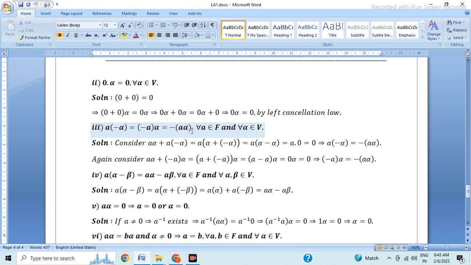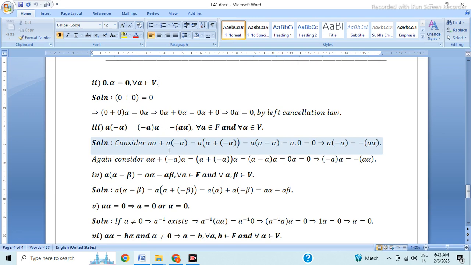We will prove this as two conditions. First condition, a into minus alpha. I will try to write it, but my handwriting won't be so good. I think you can see a into minus alpha.